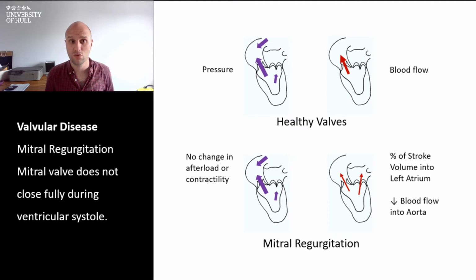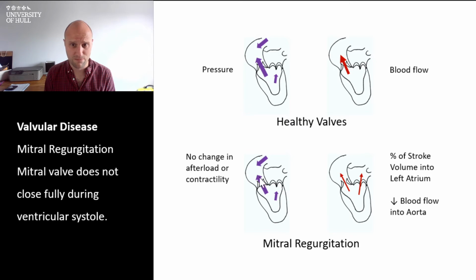It's a slightly different story with mitral regurgitation. So mitral regurg is where the valve doesn't close fully and blood can be not only pumped into the aorta, but also, I suppose unintentionally, pumped back into the left atrium. So again, we have our healthy diagrams at the top and at the bottom here.